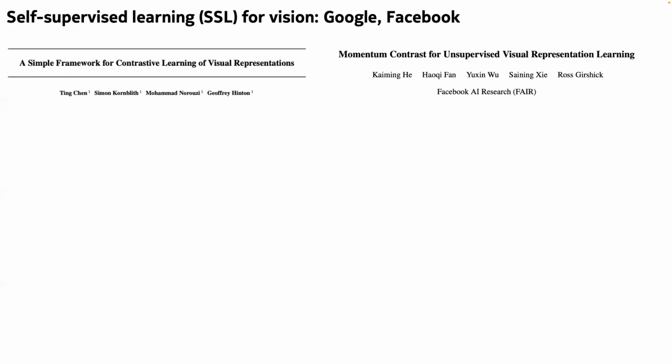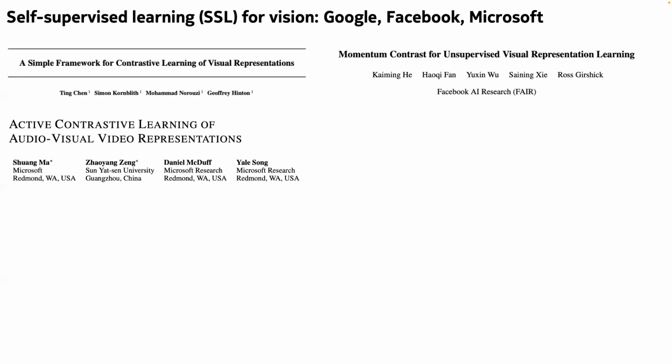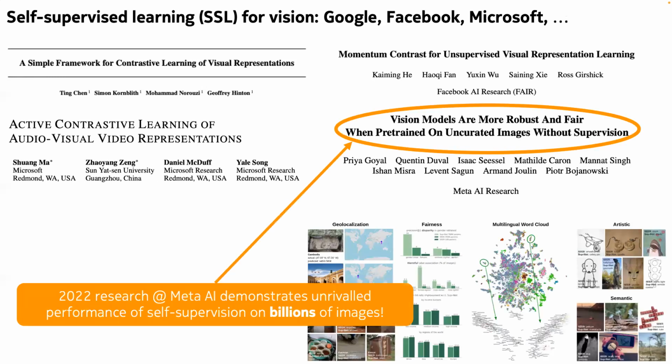This work was then followed by many more refinements and optimization of the idea of SSL for vision, notably with Facebook's momentum contrast, and recently in audiovisual SSL video learning by Microsoft. And culminating with a billion-scale demonstration of vision SSL at Meta for more robust and fairer computer vision models.